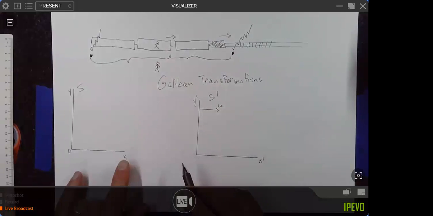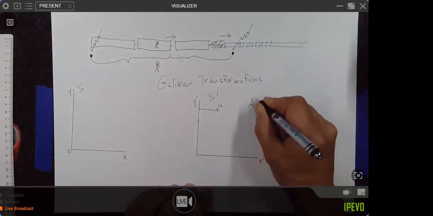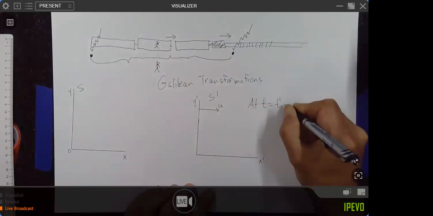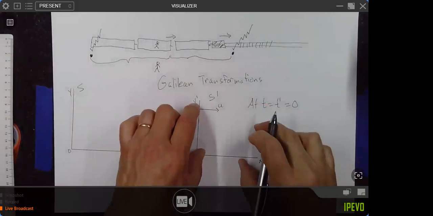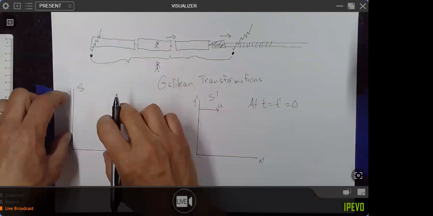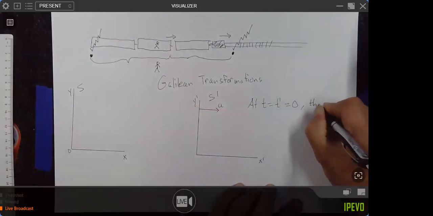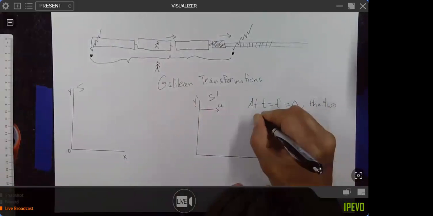And the two systems are such that at t equals t prime equals 0, the S prime system was right on top of the S system. So we would just say the two systems coincided.